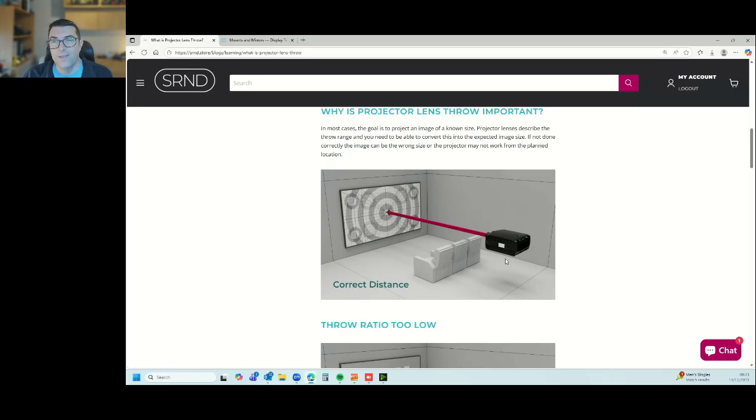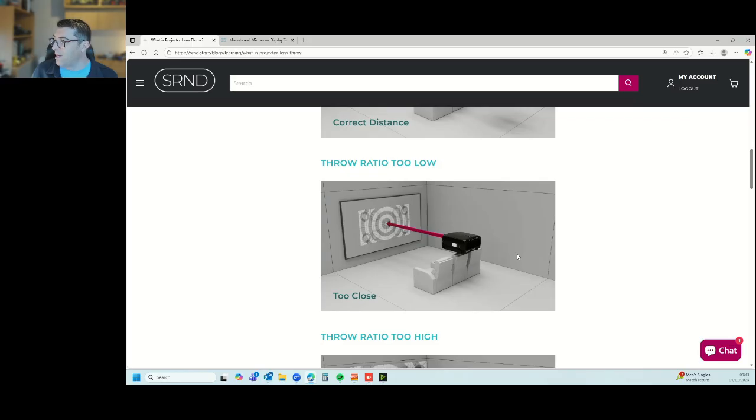And if you get unlucky, of course, it can be a little bit less than you expected, and you get the problem where your throw ratio is too low and it doesn't fill the screen. Never, never, never let yourself be stuck in that trap. Try very, very hard to avoid being at the very extremes of the throw ratio, because you will always risk that it doesn't quite, by a couple of percent, meet what you were expecting.